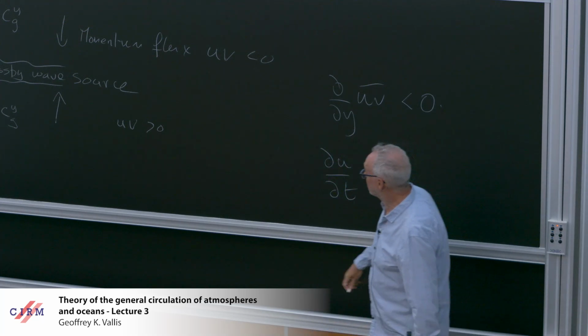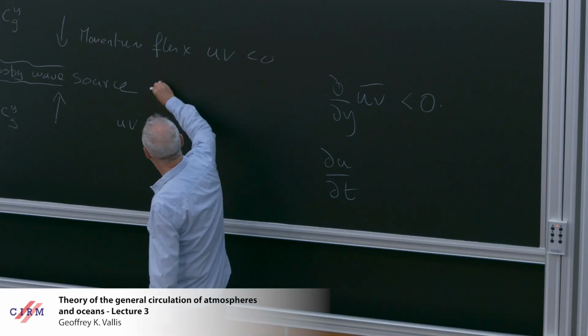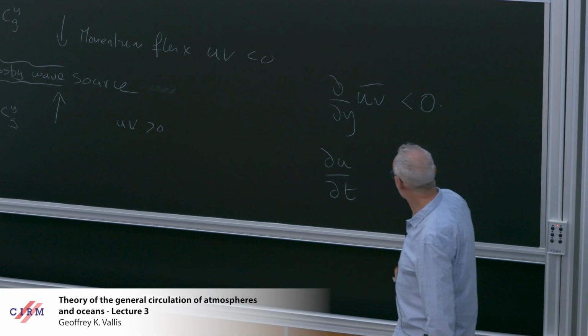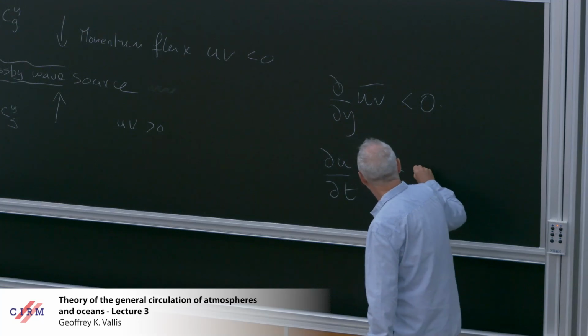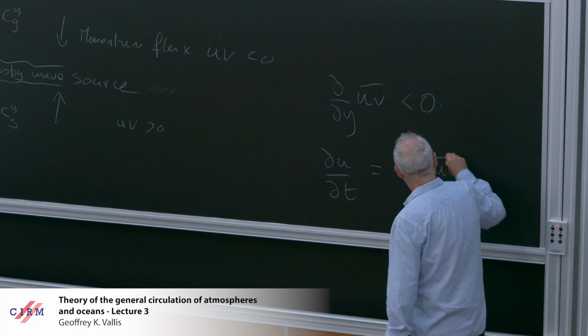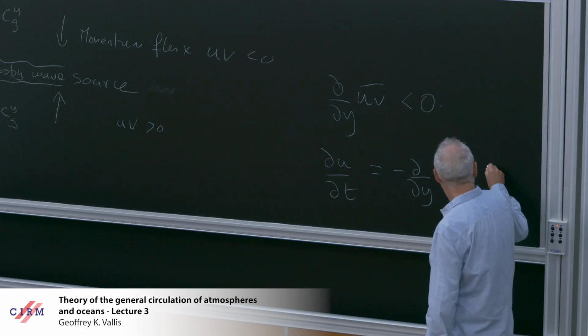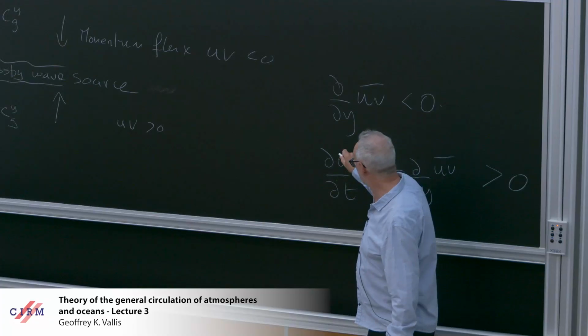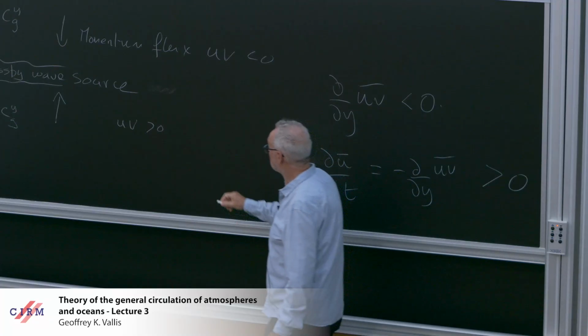In this region here, du by dt, which is minus d by dy of uv, is going to be positive. So it's going to accelerate the flow here.